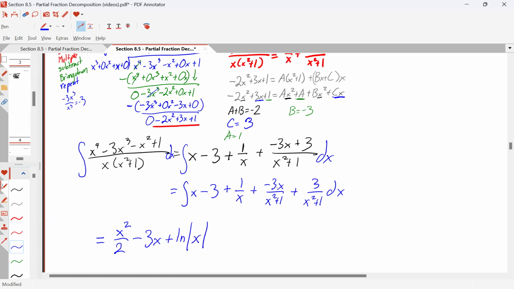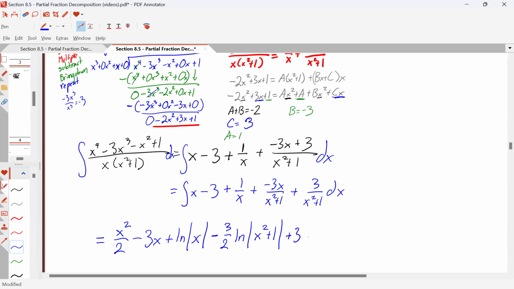The integral of -3x over x squared plus 1 would require u sub that we saw in a previous video. That will come out to be -3 halves times the natural log of the absolute value of x squared plus 1. We'll use a u sub of x squared plus 1. And then 3 over x squared plus 1 is arctan.